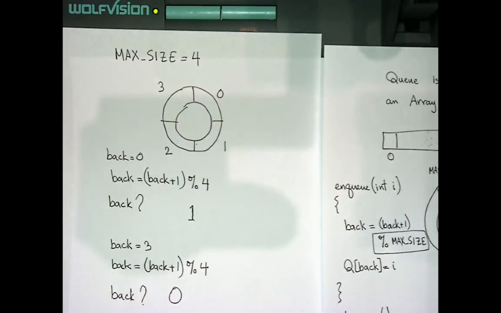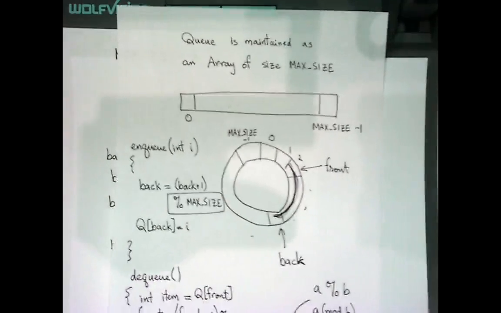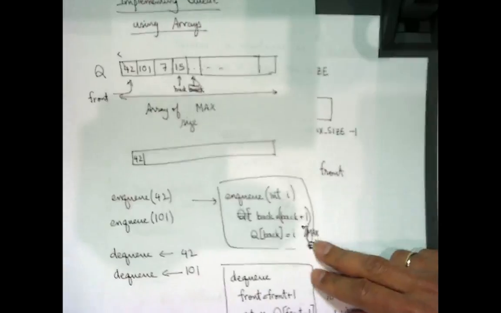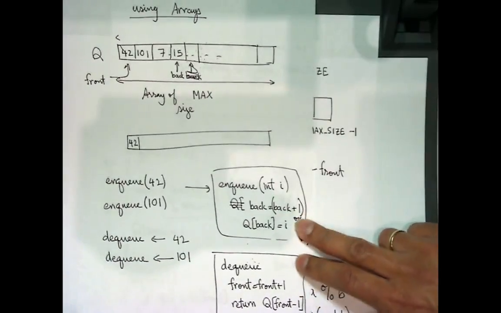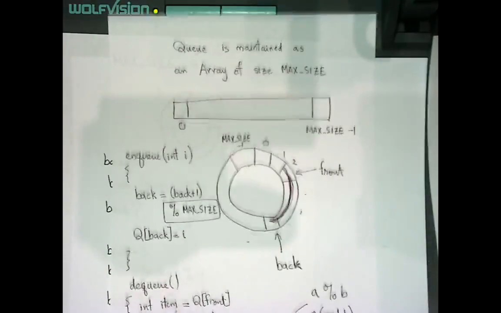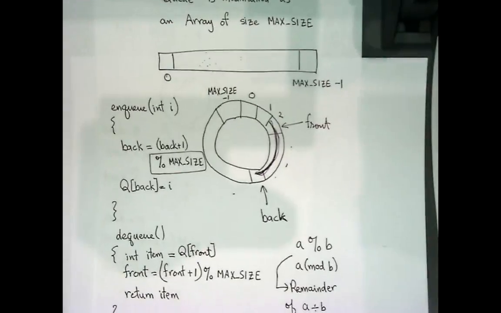Right? So this is really neat because all you do is start with the original Q, which didn't have any percentages. You had this problem of what's called rightward drift. And the fact that you can bump up at the end of the array, you stick a percentage max size, and then everything works out.